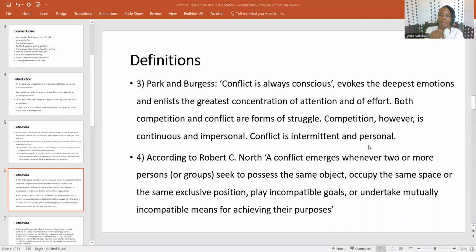Intermittent means something that starts and stops. It is not there continuously. So Park and Burgess say that conflict is intermittent, it starts and stops, but it is also personal. So those of us who say, don't take it personal, this is just a competition, are trying to differentiate between personal and impersonal.